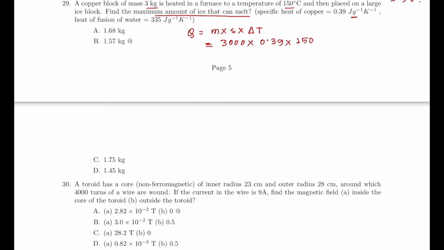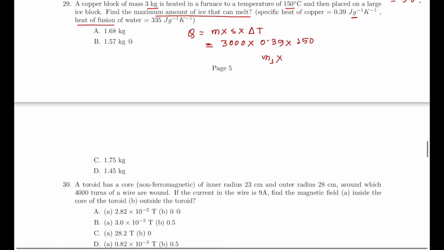This much heat is provided by the copper to the ice block. Let's assume that M1 amount of ice is melted. So the heat required is M1 times the latent heat of fusion, which is 335.